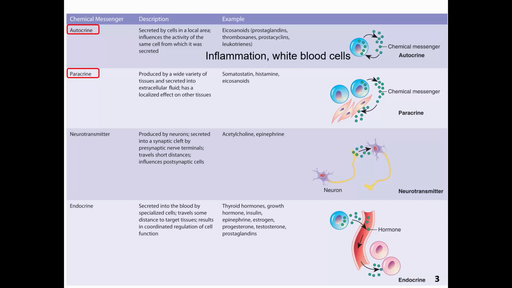Paracrine signals are generated by cells that will have an effect on nearby cells. And so this is typically seen in the vascular system where cells of the cardiovascular system will produce secretions that will affect nearby cells, particularly smooth muscle cells.